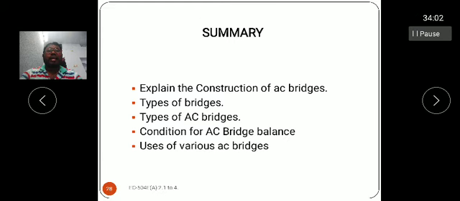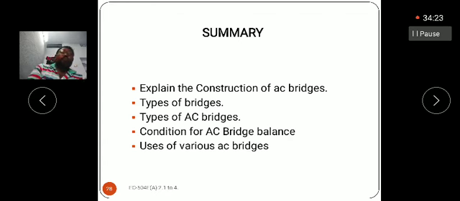With the help of AC bridges, we measure unknown parameters, such as unknown inductance and capacitance values. That is the explanation of the construction of AC bridges.